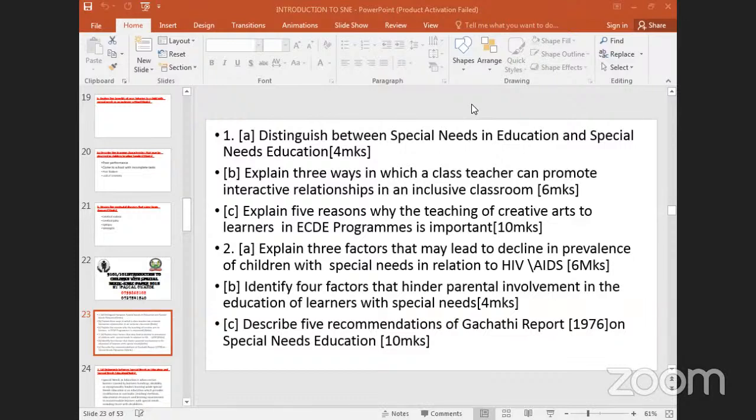It allows them to express themselves through drawing or painting.